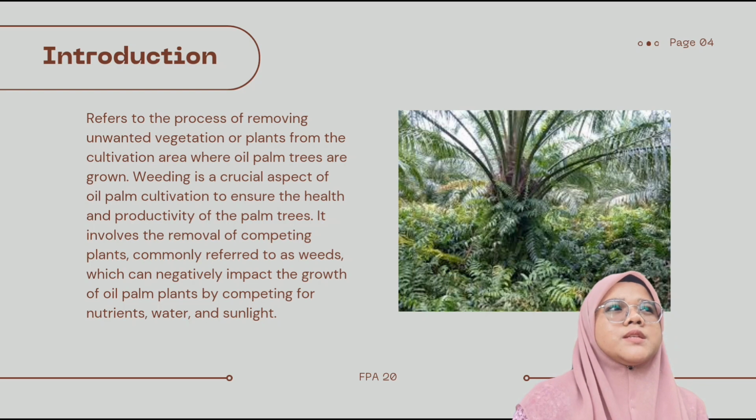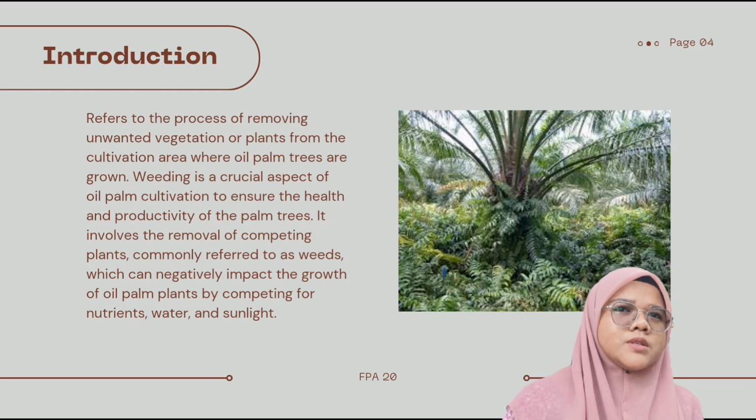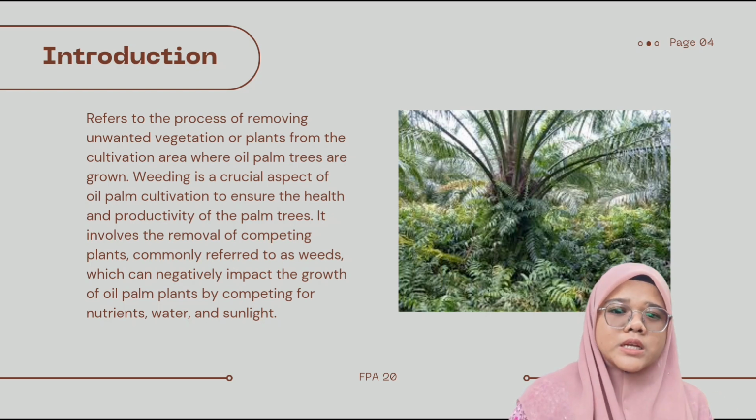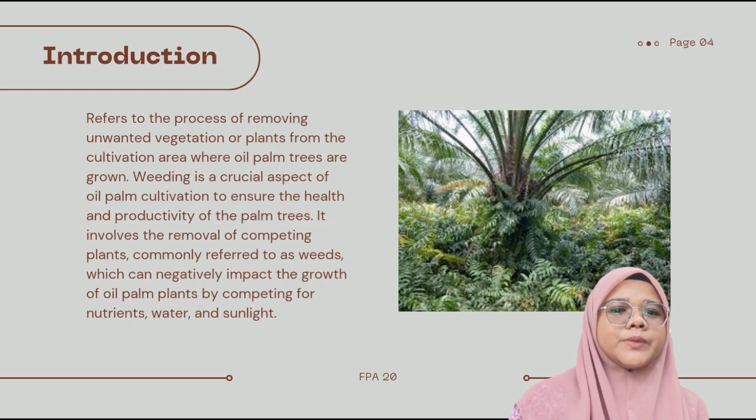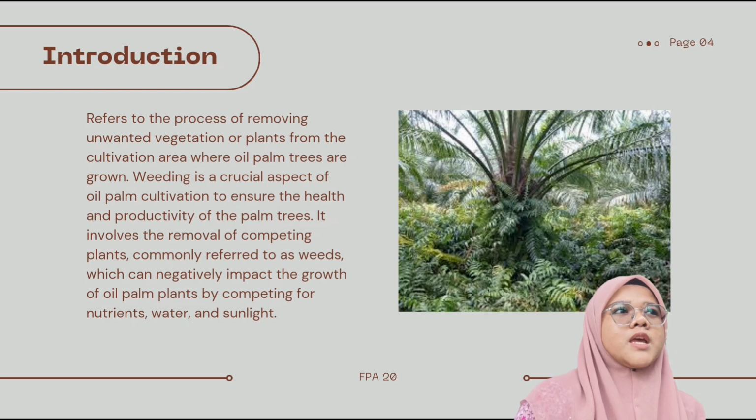If this happens and we as farmers don't do weeding in our oil palm plantation, it will decrease the quality of the oil palm and also interrupt its productivity. So we cannot produce good oil for people, and we also cannot produce any goods for people with good quality and good productivity.